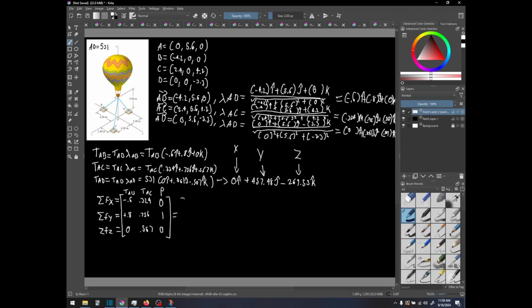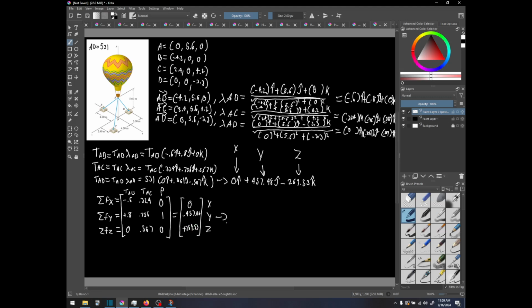So for this vector here, which is our x, y, and z vector, we're going to have to plug in 0, negative 457.48, and then a positive 269.53.